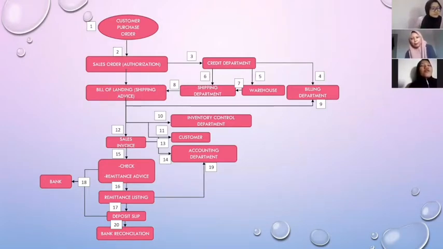Okay, next, when the warehouse receives the sales order, the warehouse will transfer the goods to the shipping department to be shipped. Then they will ship the goods by preparing a bill of lading, also known as a shipping advice, which will be sent to the billing department and also inventory control.